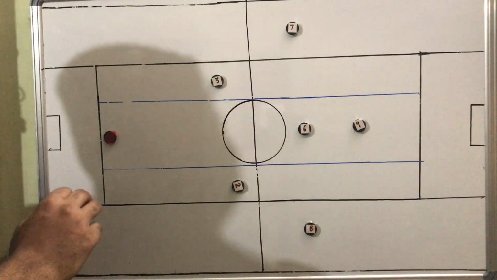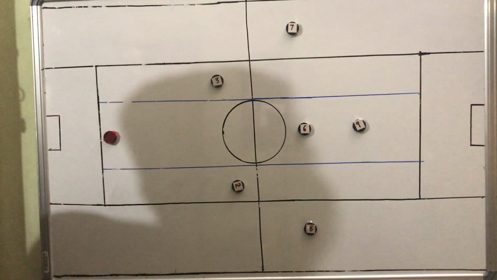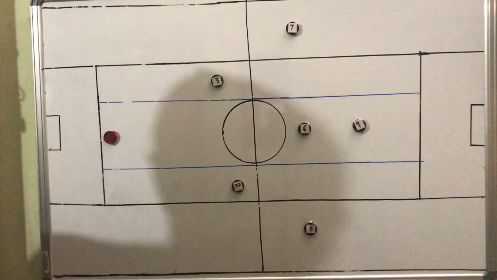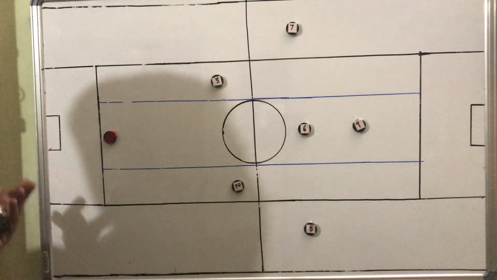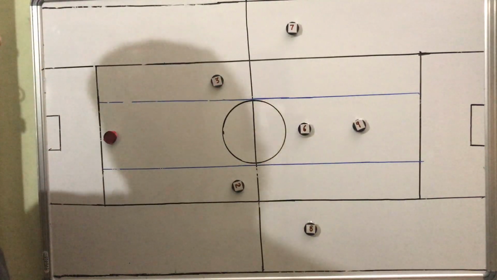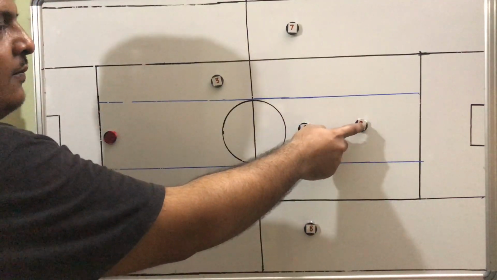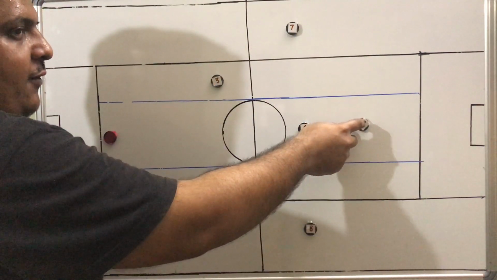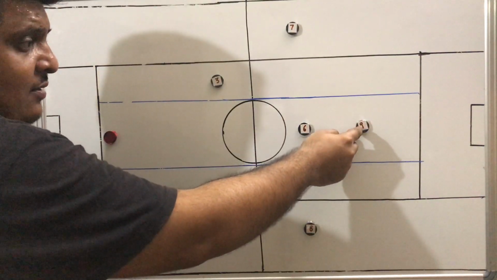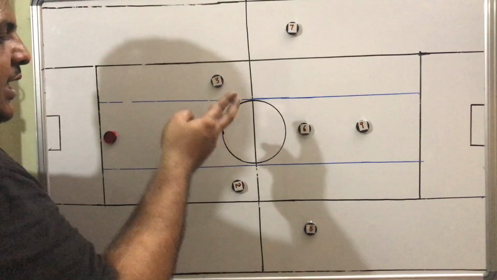So don't for a second think that because I'm going to play central midfielder, I don't need to dribble a lot, I just need good vision to pass. Or if I'm going to play as a striker, I don't need to defend a lot. Don't be under that impression, because for us, this is our first defender. Whoever is at the front is the first defender, and if you're not defending well, then everything behind you gets affected. Same applies over here.